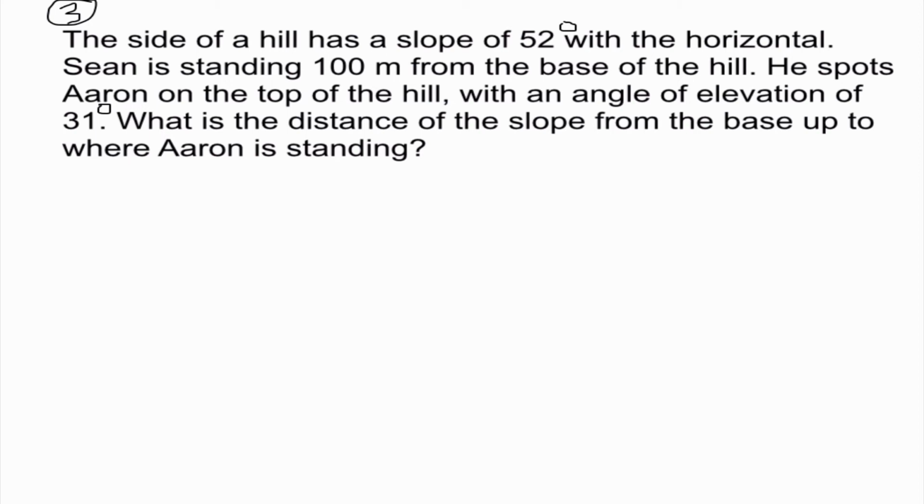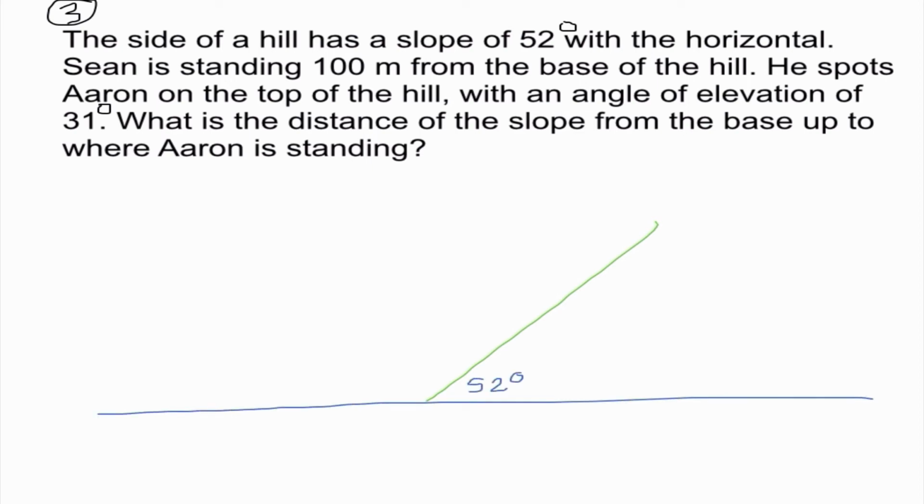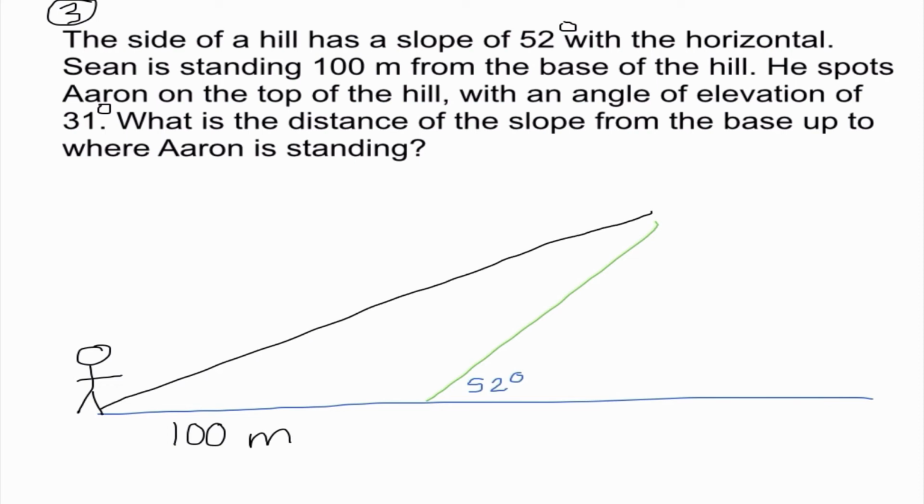So let's go ahead and kind of draw this out. Okay, so it's telling us that there is some sort of hill that has a slope of 52 degrees with the horizontal. It also tells us that we have Sean here who is standing 100 meters away from the base of the hill and looking up to the top of the hill with an angle of elevation of 31 degrees.